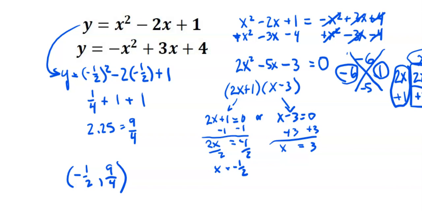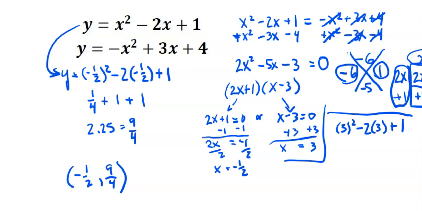And the other solution, I'm going to do it over here. x equals 3. So 3 squared minus 2 times 3 plus 1. 3 squared is 9, minus 6, plus 1. 9 minus 6 is 3, plus 1, which is 4.